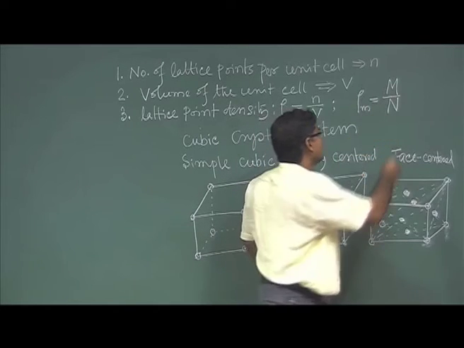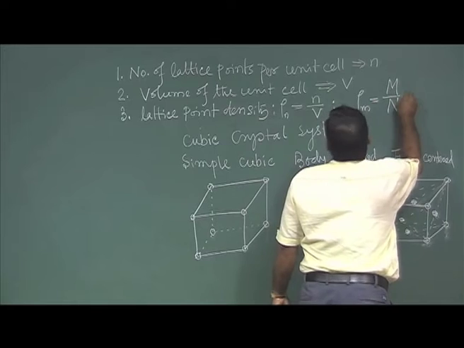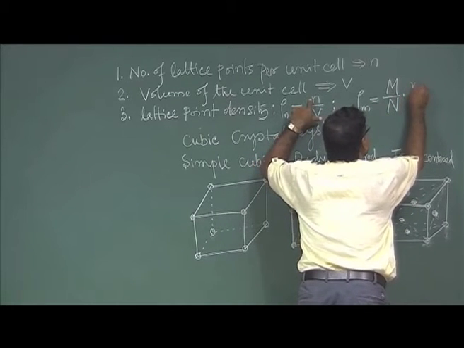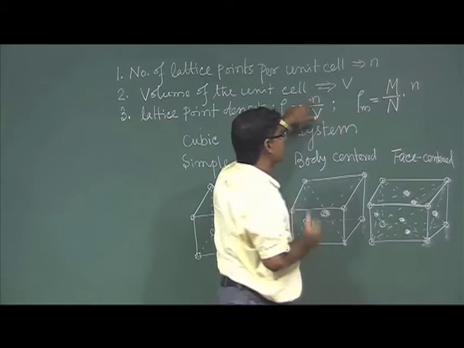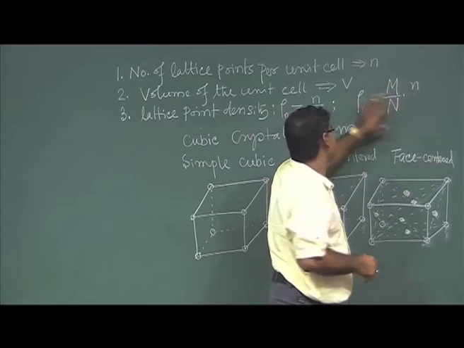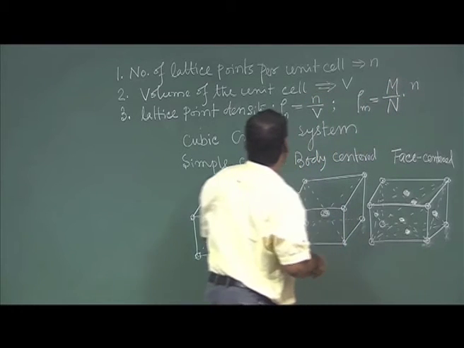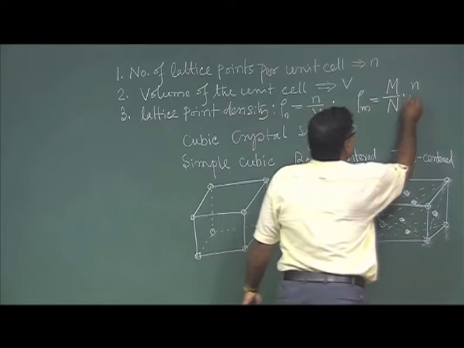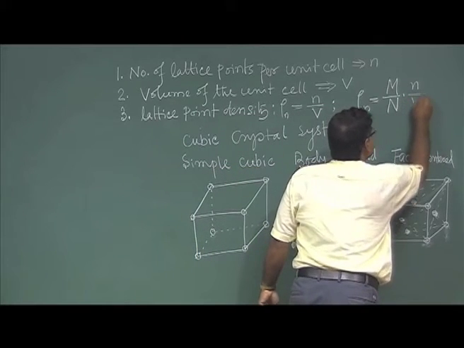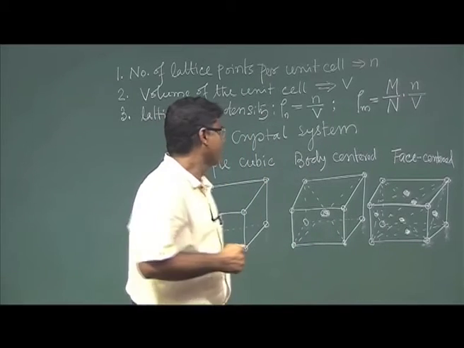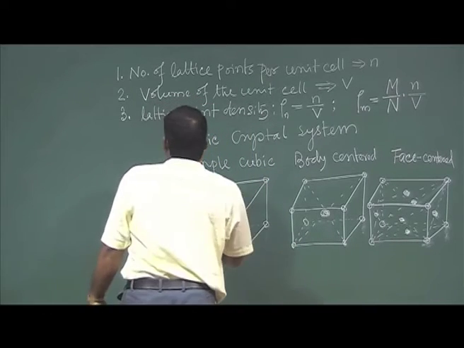If n lattice points or atoms are there per unit cell, then multiply by n. This is the total mass of the atoms in a unit cell. The volume of the unit cell is V, so divided by V, that will be the mass density.